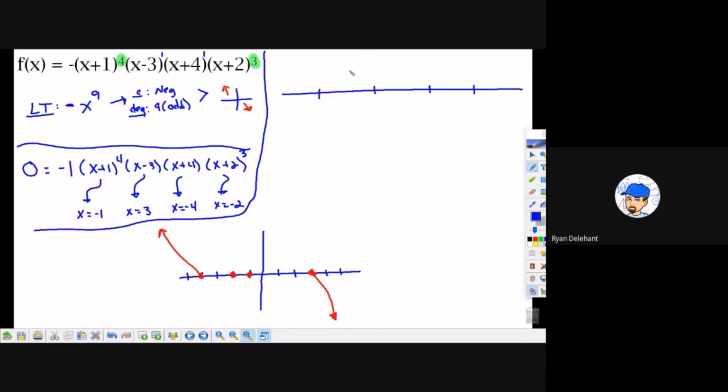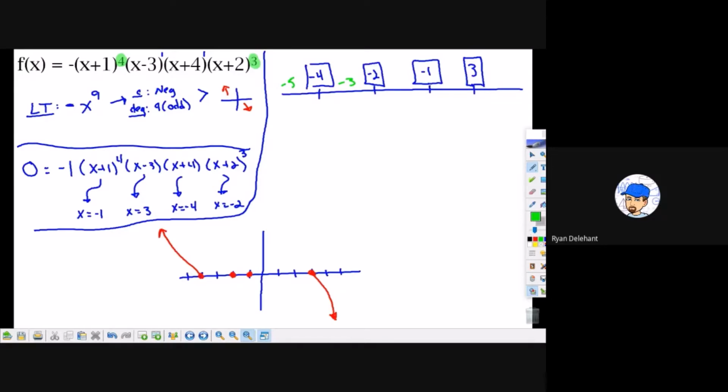So let's see, we had -4, -2, -1, and 3. Those are the zeros that we found. And we're going to pick test values. To the left of -4, let's use -5. In between -4 and -2, we'll use -3. Now this one might be a little trickier because in between -2 and -1 means we've got to pick a decimal. I've avoided doing that until now.